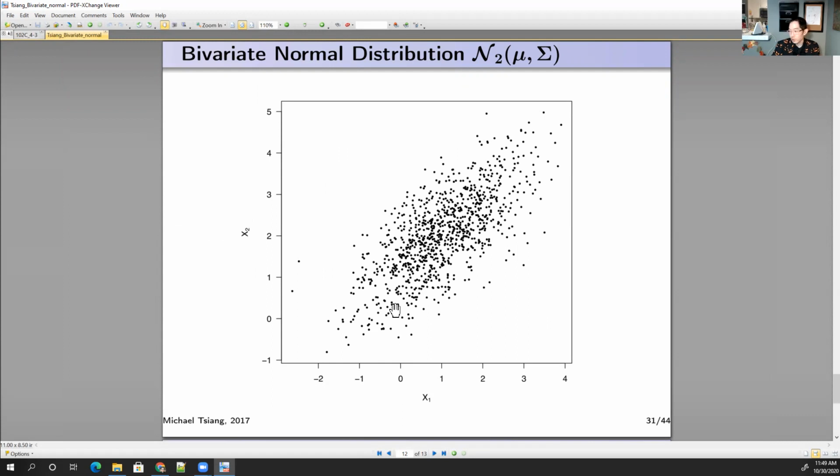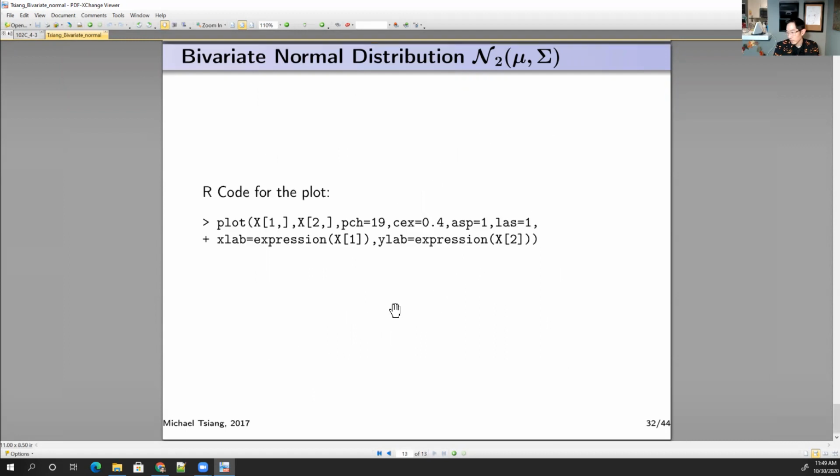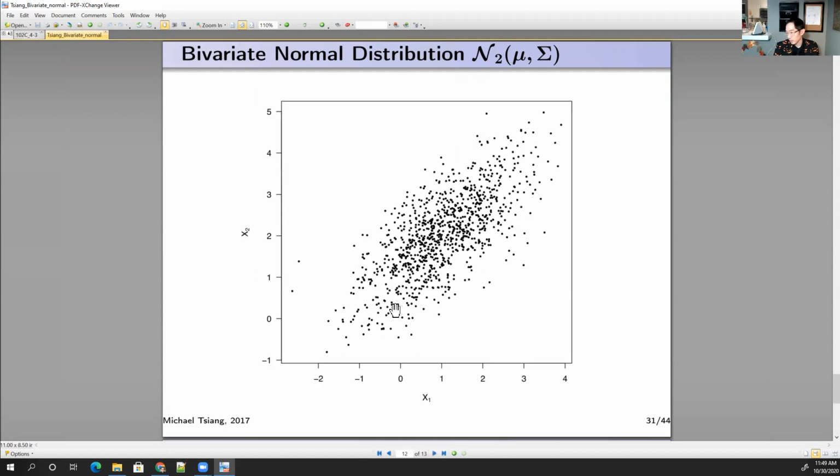So this is your bivariate normal distribution, and I had to plot that.